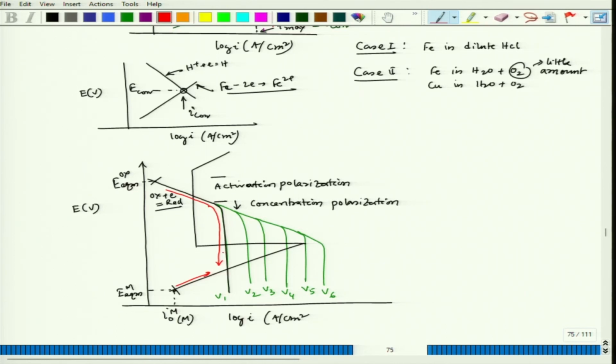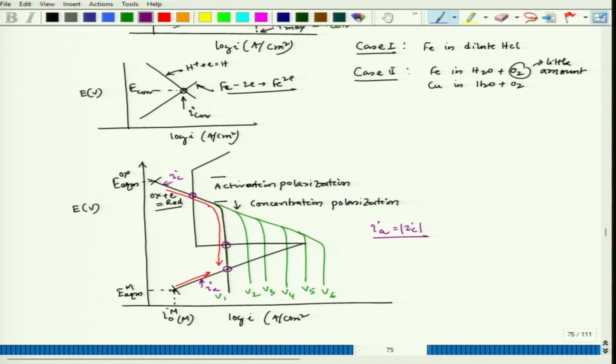Now, we could see there are three interaction points. One interaction point is at this location, then at this location, and then at this location. At all those three locations you could see that the total rate of anodic reaction is equal to the cathodic reaction rate, because this indicates IC, this indicates IA, and at all those points IA equals IC in magnitude.